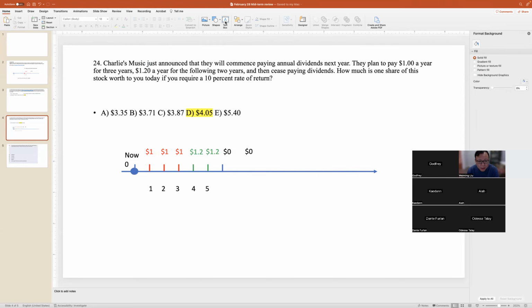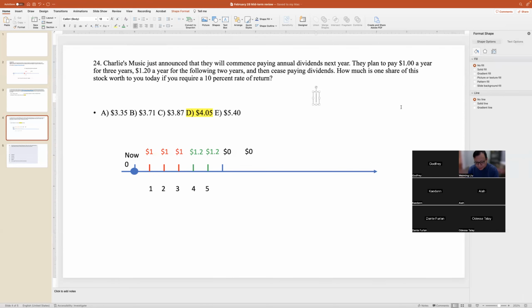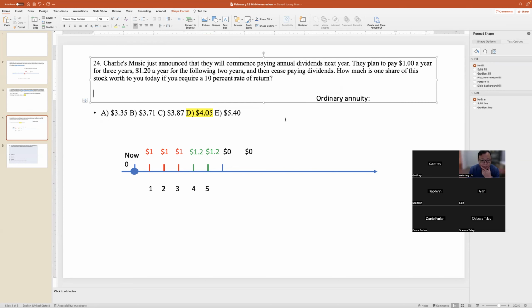Does anyone still remember the formula for the ordinary annuity? What is that formula? D over 1 plus R? This one is not the annuity formula. It's way more complicated than that.